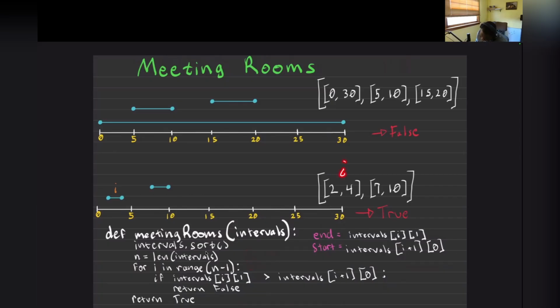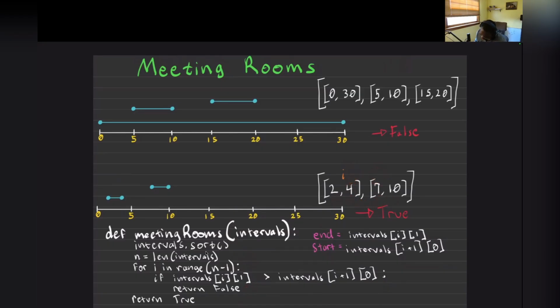So i is here, and we ask ourselves, if intervals[i][1], because this is index 0, 1, if that is greater than the start at the 0th index of i plus 1, which is 7, then we return false.